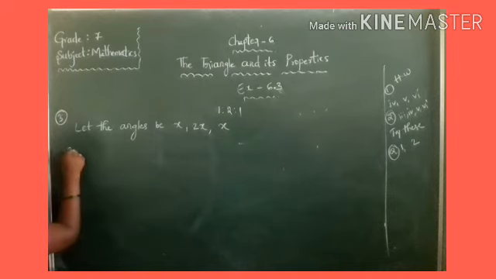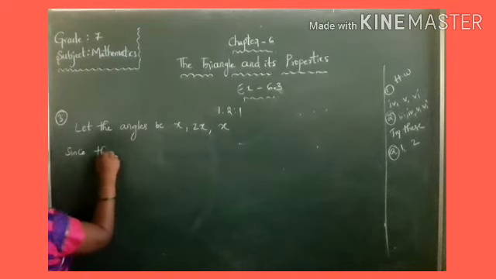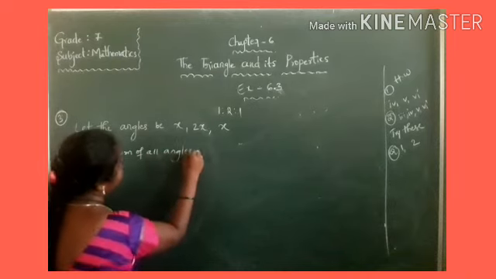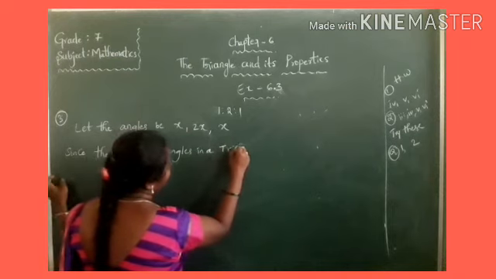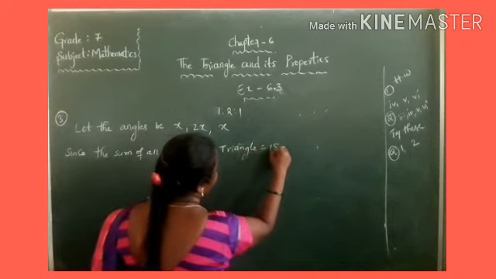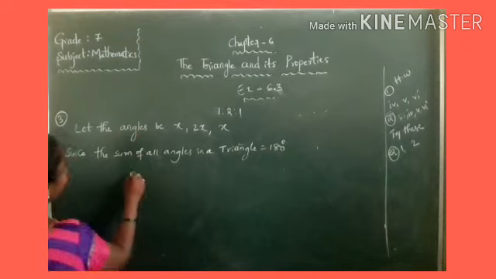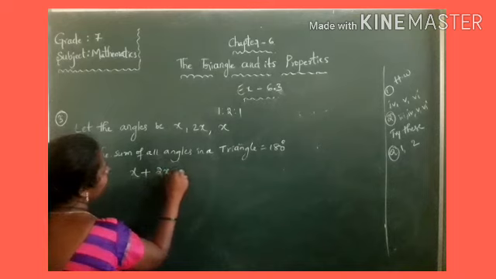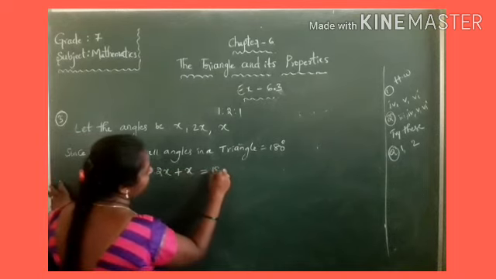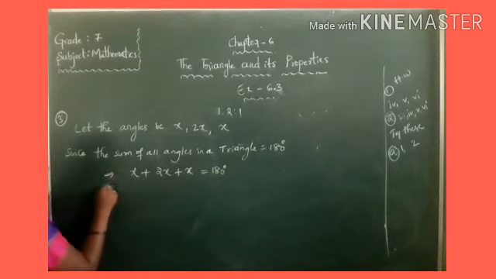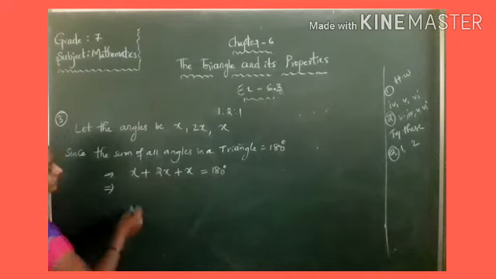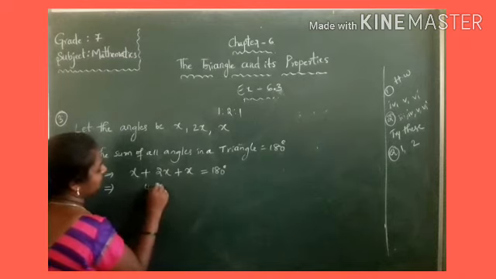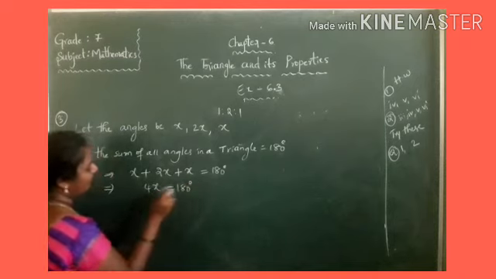Since the sum of all angles in a triangle is 180 degrees, and the angles are in the form of a ratio, x plus 2x plus x is equal to 180 degrees. Add all these angles: x plus 2x is 3x, 3x plus x is 4x. 4x is equal to 180 degrees.